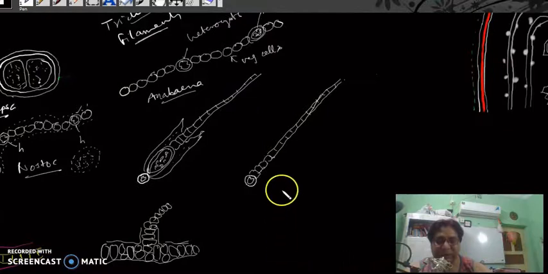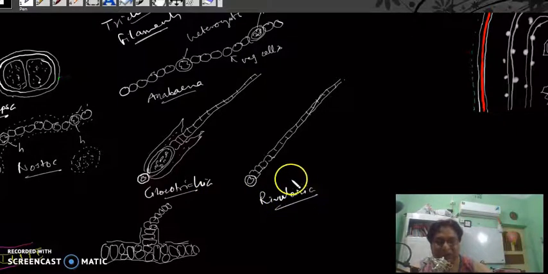So there are some other filamentous algae. This is called Gloeotrichia, and this one is Rivularia. The speciality of these algae is that they contain terminal heterocysts. This is the heterocyst. This one is also a heterocyst.